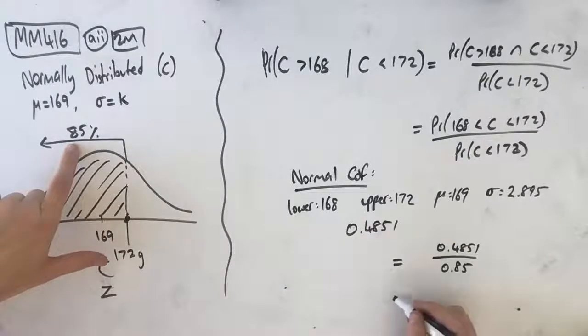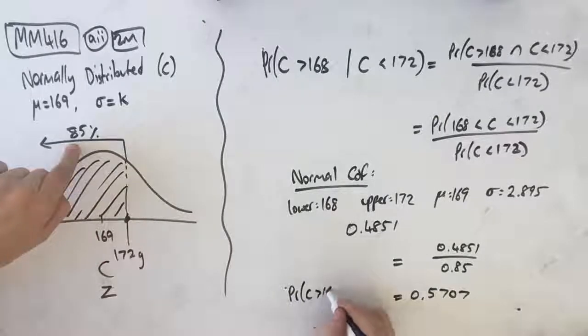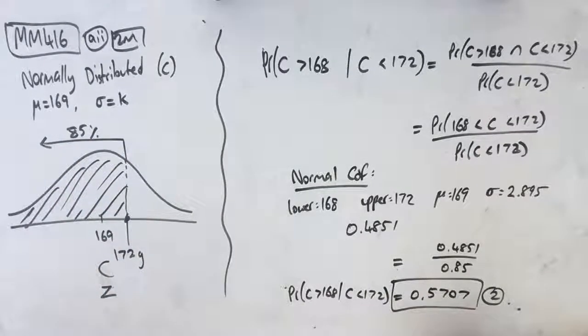Awesome. Putting this into our CAS, we get 0.5707, which is our probability that C is greater than 168, given that C is less than 172. And that's our final answer. So that's our second mark, guys. Our first one comes from actually finding this bit here, and our second comes from plugging everything in. So that's it for part AII.